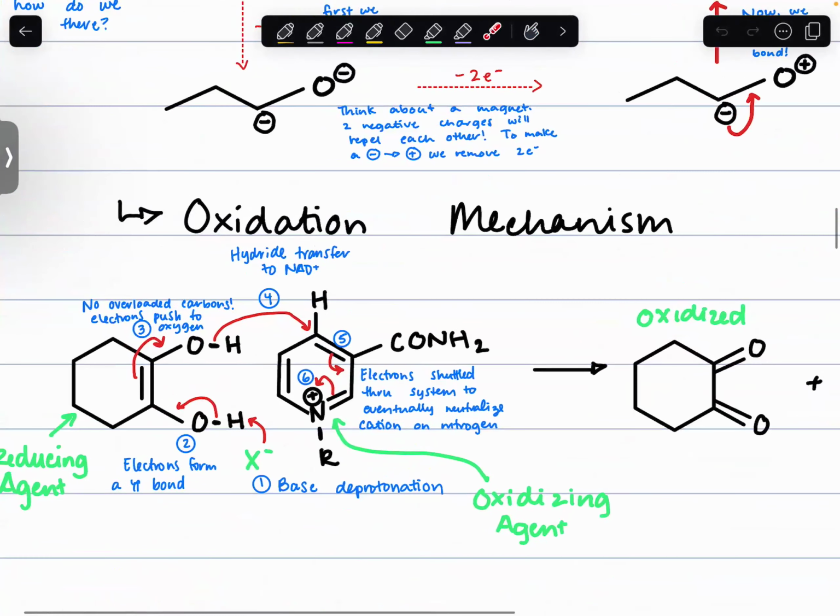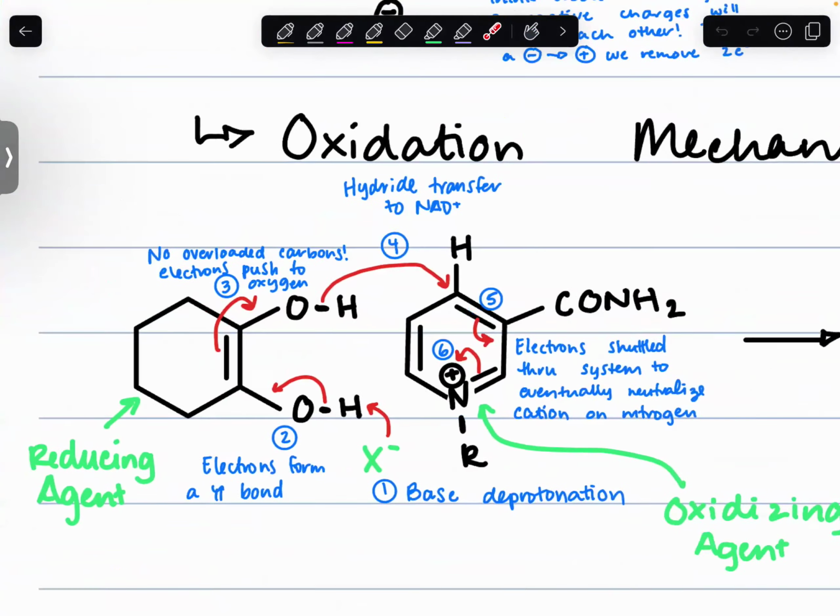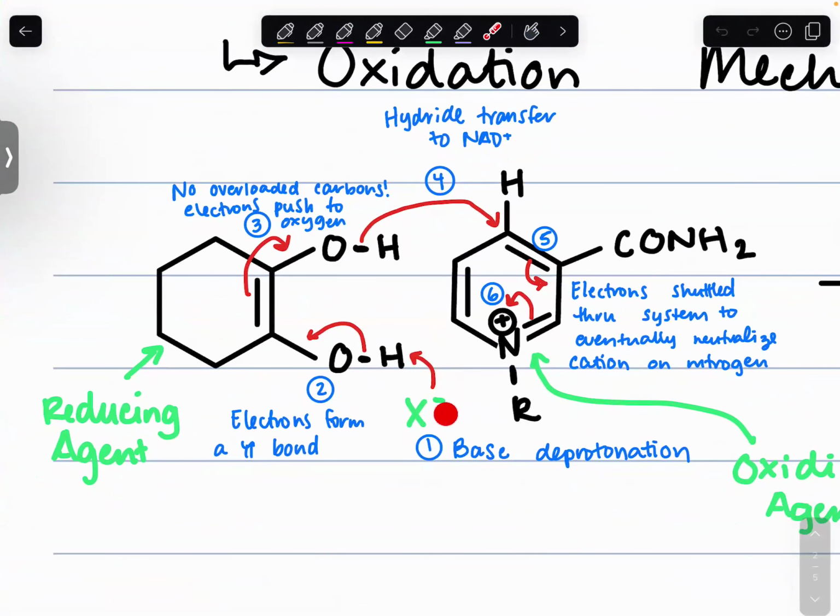The example that I chose to draw out uses NAD plus, not O2. But in the mechanism, we can see there's base deprotonation. These electrons move, and then you have this whole hydride group. So you're not just getting rid of a proton, you're getting rid of a proton and its electrons.